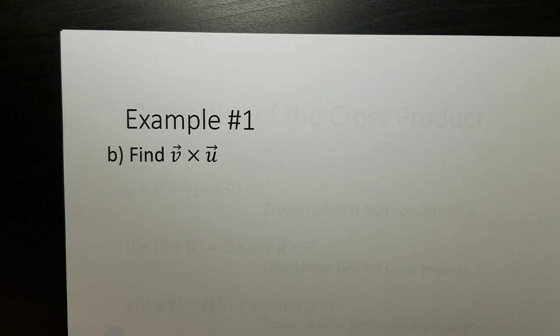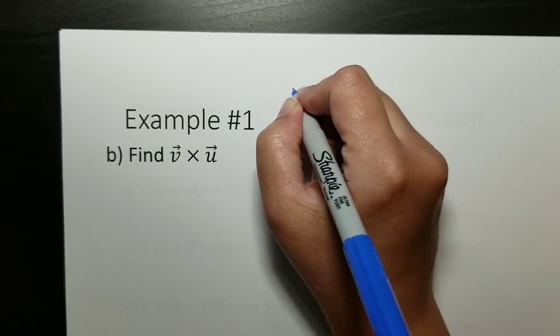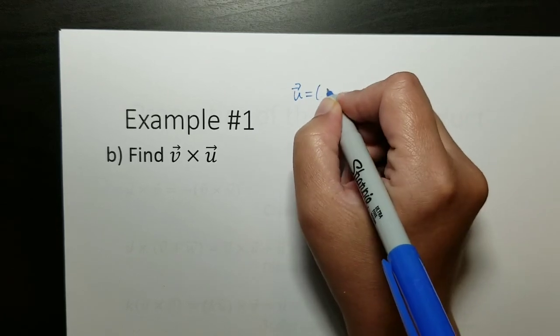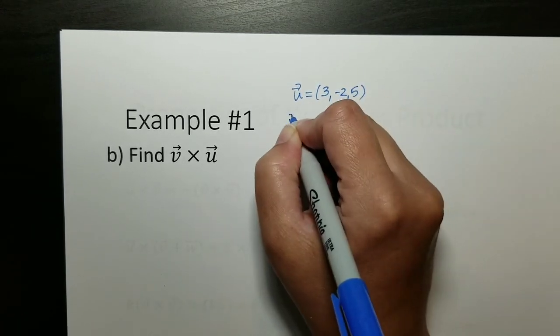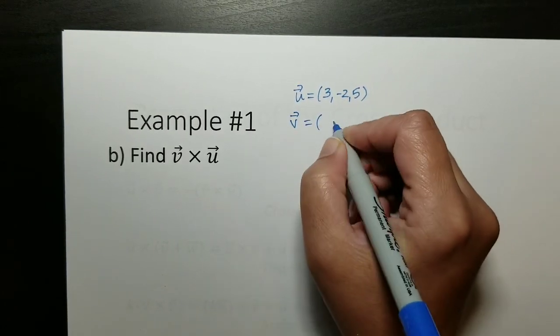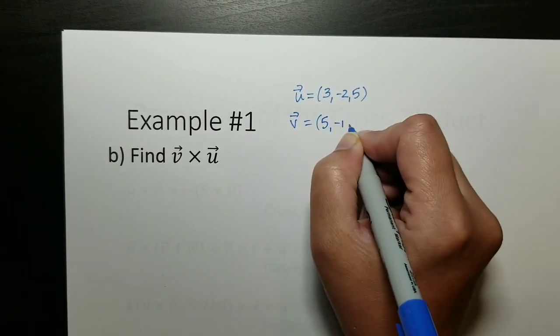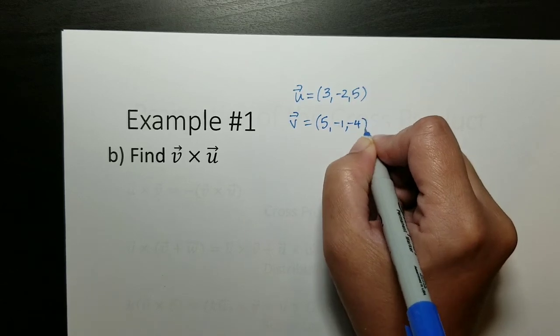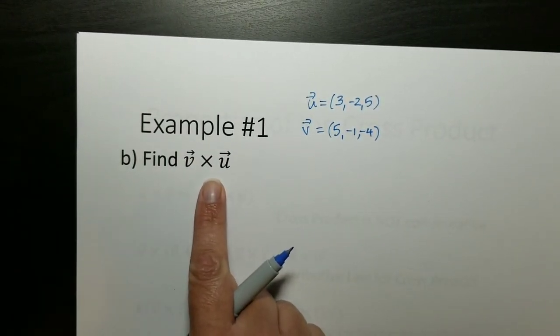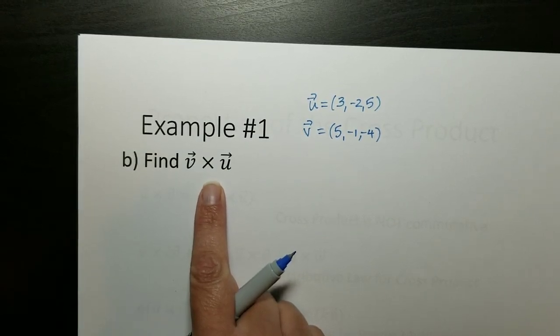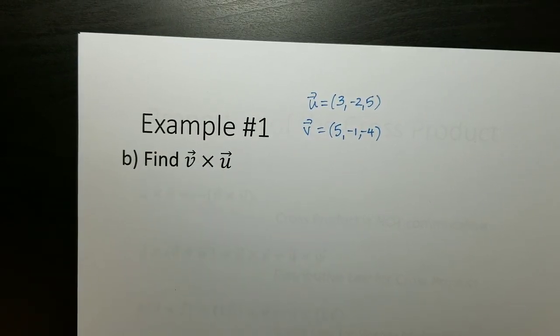So the next one is those same vectors. I'm just going to rewrite them here. U was 3, -2, 5, and V was 5, -1, -4. So we're going to find V cross U. And remember, when we did the dot product, we realized that it was commutative.